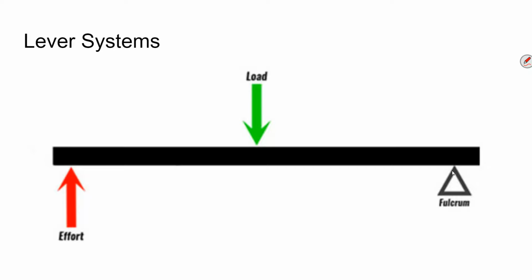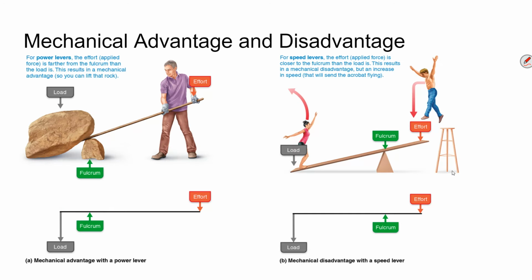There are different kinds of levers that we use. Before we talk about those different kinds of levers, we're going to talk about how some of them give you a mechanical advantage and some of them give you a mechanical disadvantage. The one on the left is going to give you a mechanical advantage, because the load is really close to the fulcrum.